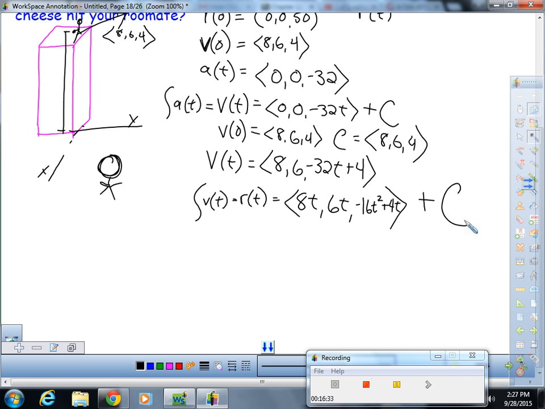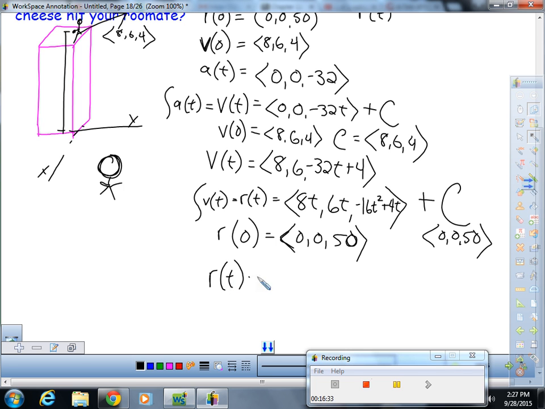And our initial conditions, R of 0 was 0, 0, 50. You can consider that a position or a vector, because remember that these are vector valued functions and we're tracing out the endpoint of the vector. So that makes our C 0, 0, 50. So our actual R of t is 8t, 6t, 50 plus 4t minus 16t squared.